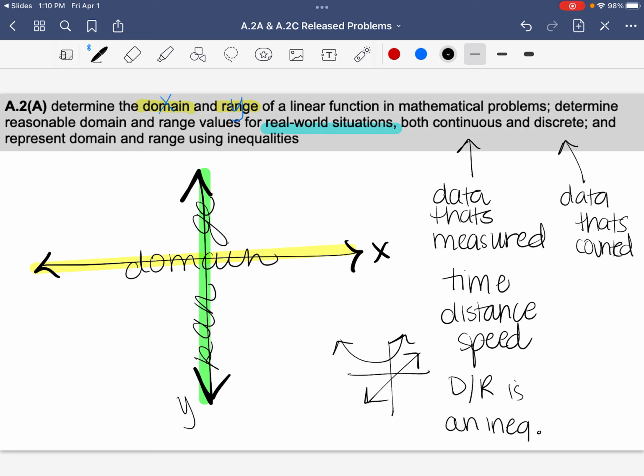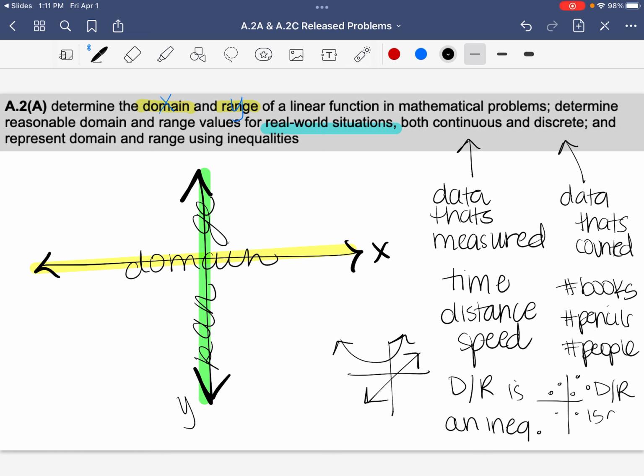But when our data is counted and it's discrete, so things like number of books, number of pencils, number of people, that's going to look like a scatter plot. And for this, our domain and range is just a list of numbers.